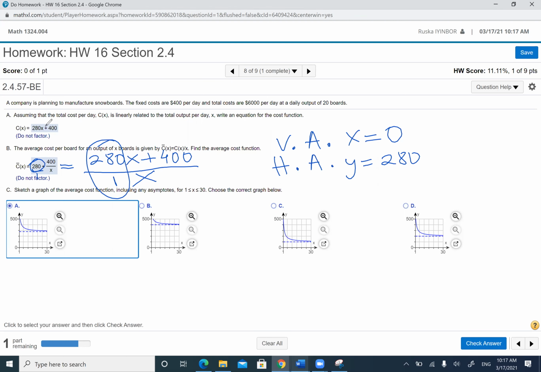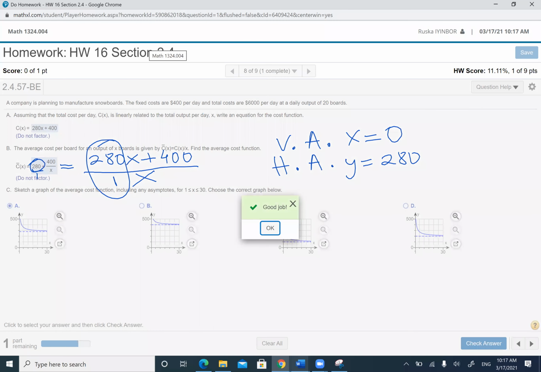Because 500 is the scale on the y-axis, so 280 is right below 300, right? So I think it's the first one. Okay? That's how you check which graph it is. You have to find the average cost function, and you have to add those two. So be careful with that, okay?